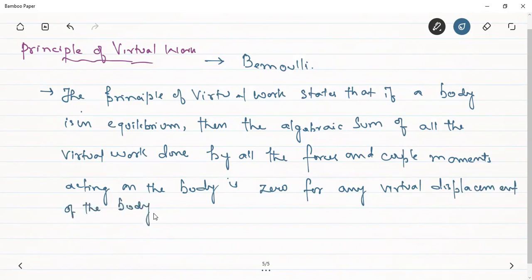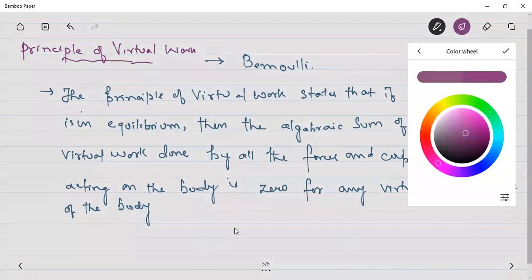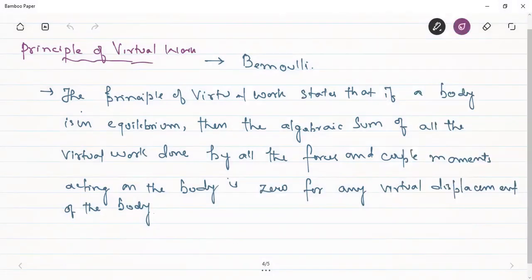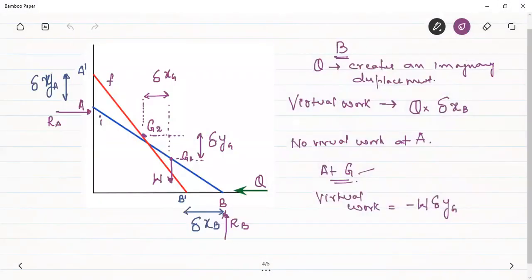So this is the statement of the virtual work. It states that the algebraic summation of all these virtual works acting on the body, due to all these forces and couples, has to be zero if the body is in static equilibrium. If I apply this to the problem I stated in the previous slide, the virtual work was done by two forces, the force Q and the weight.